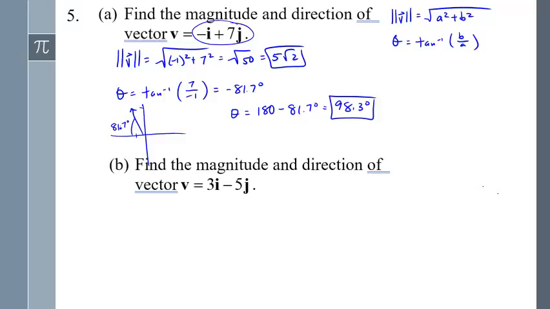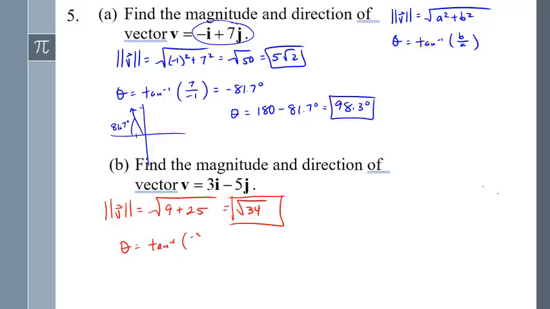Similar process for b. The magnitude of the vector is the square root of 9 plus 25, which is radical 34. And then the direction, theta, equals the inverse tangent of -5 over 3. And that's going to be, again, it gives me the reference angle, -59 degrees.